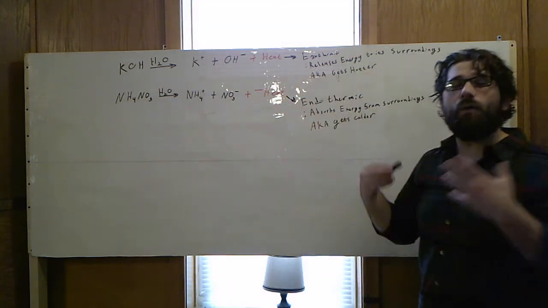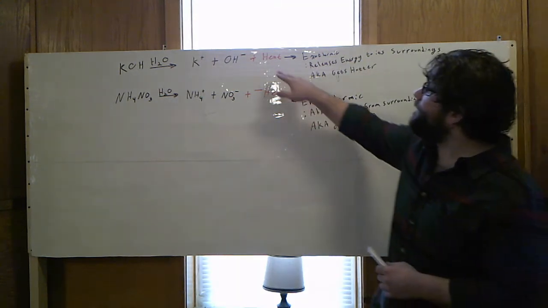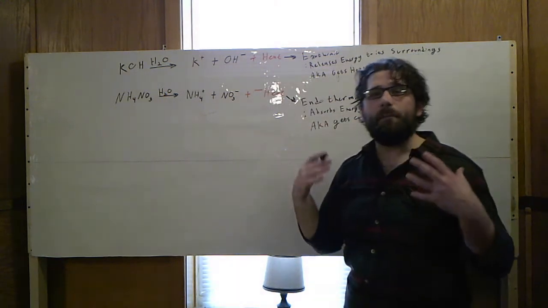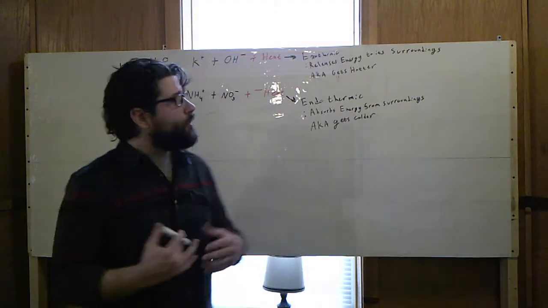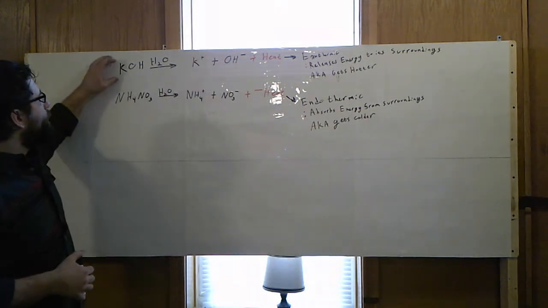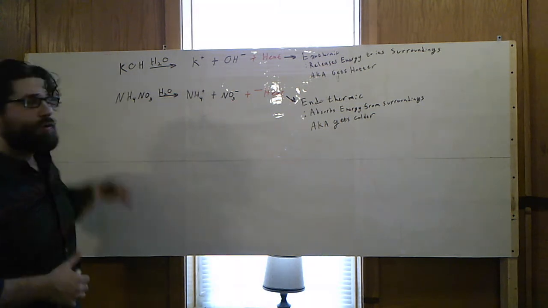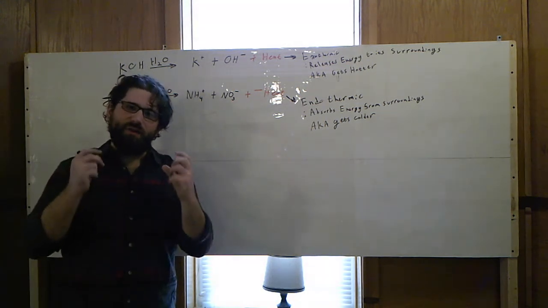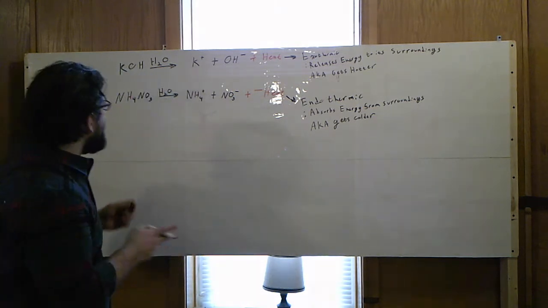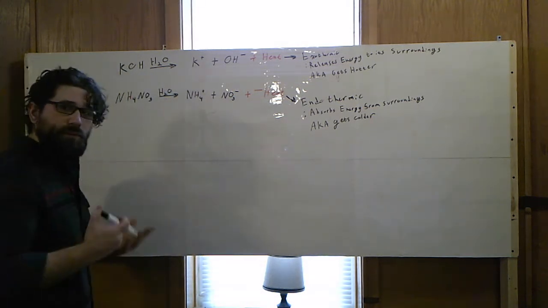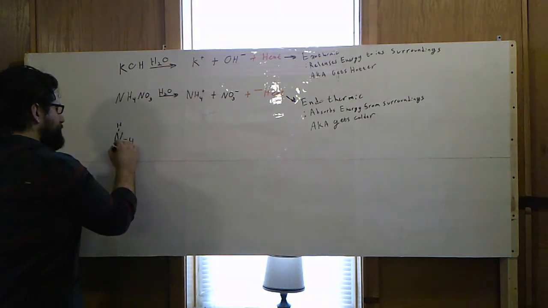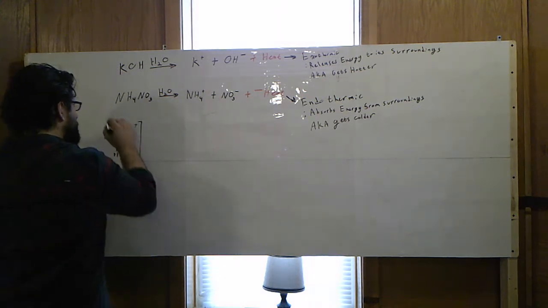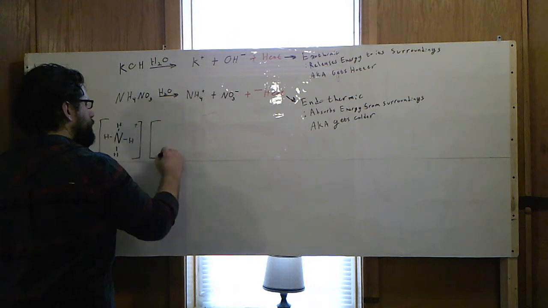Okay? Now, chemists are actually able to go a step further with this heat and figure out the exact amount that gets released. And when they do that, they don't just figure it out per gram. Because remember, these things have their own individual weights on the molecular level. I could draw this out and one of them would be larger, one of them would be smaller. NH4 looks like this, and it's a positive. It's going to be hanging out with NO3.